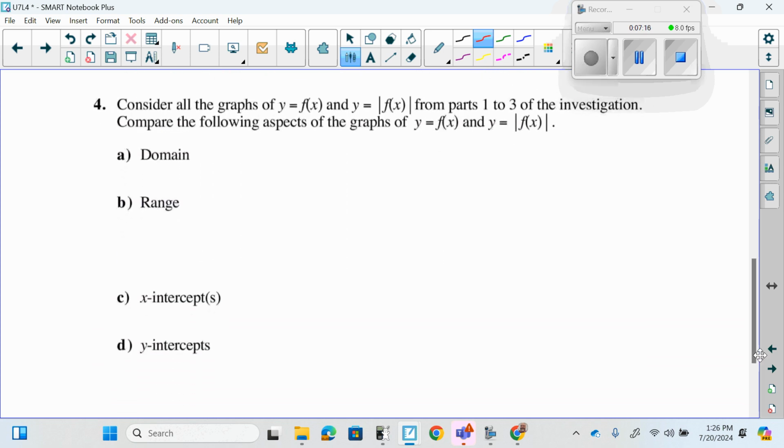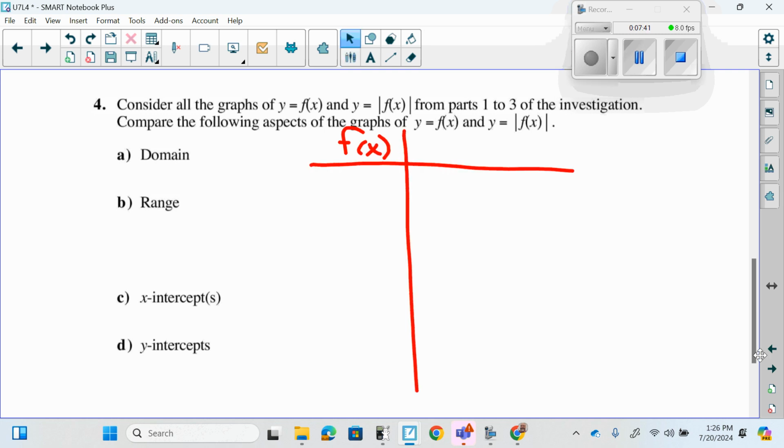All right, so consider all the graphs of y equals f of x from parts 1, 2, and 3. Compare the graphs. Okay, domain, always the same. Actually, let's do this like a table. So f of x and absolute value of f of x. The domain is the same.